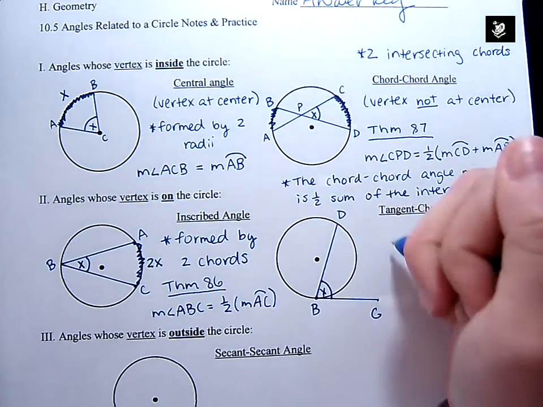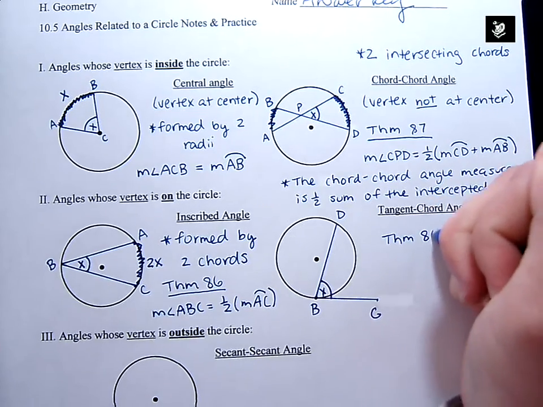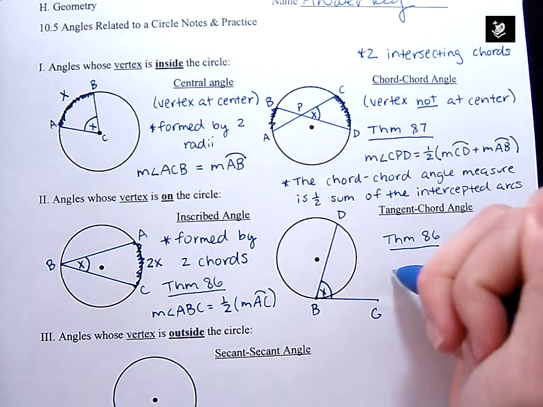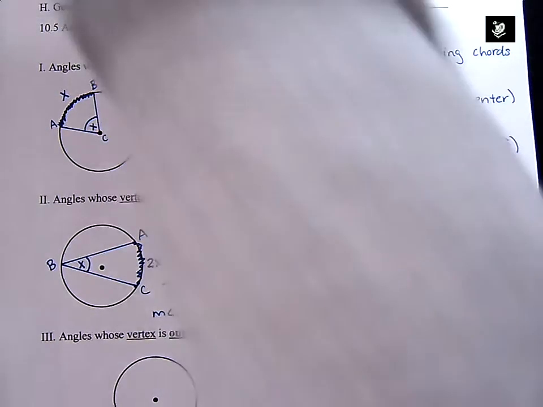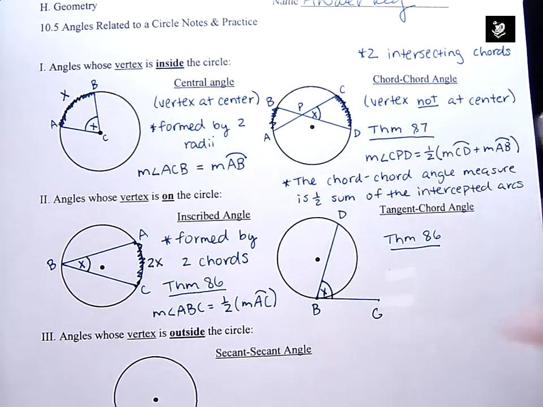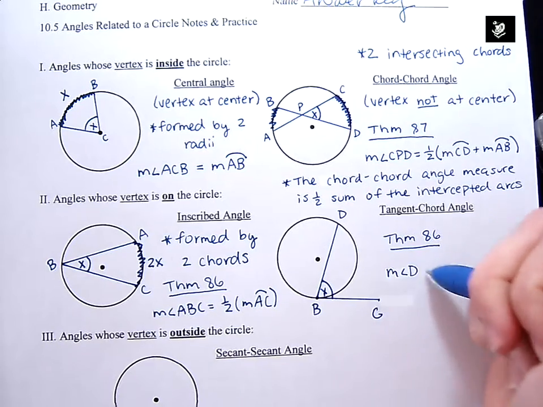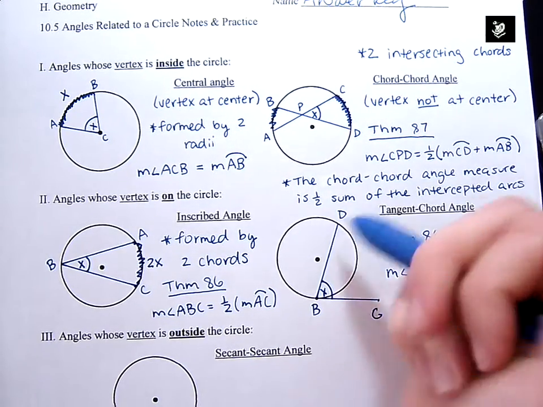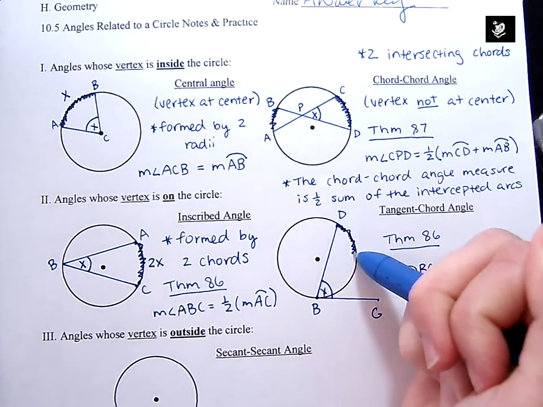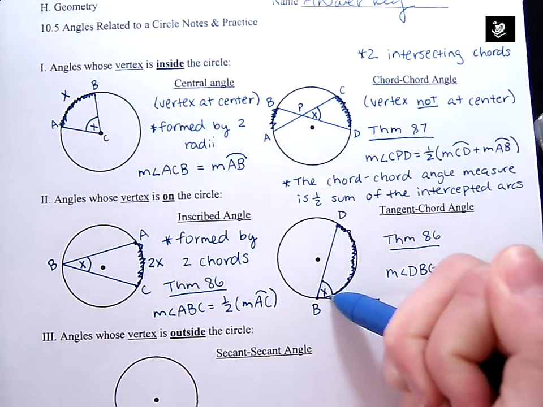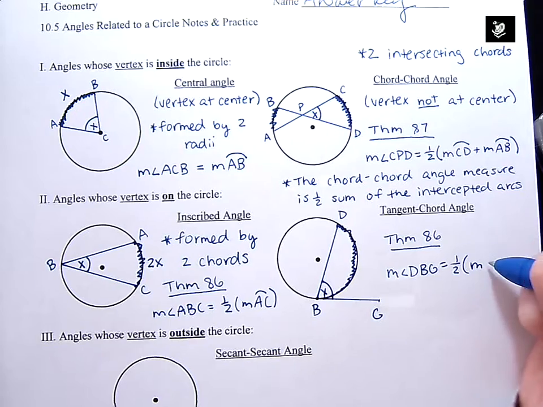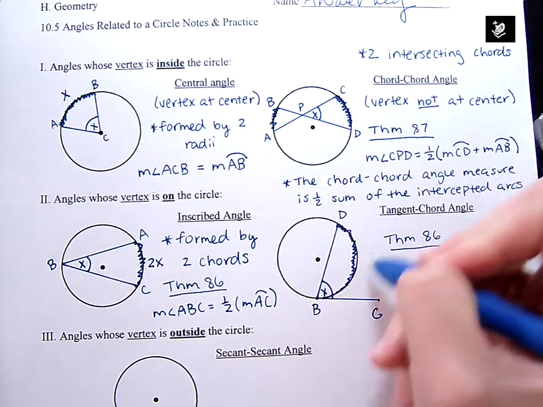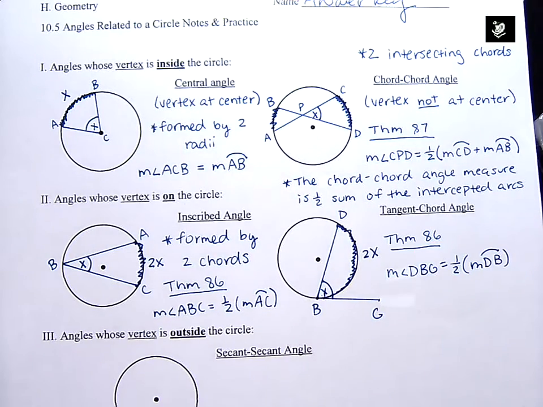And Theorem 86 also talks about how when you have a tangent chord angle, the measure of that angle, in this case, which would be DBG, is equal to half of its intercepted arc. So in that case, the intercepted arc would be this whole thing, so arc DB. So if that's X, the whole arc would be 2X.